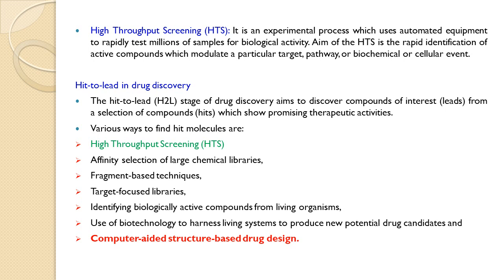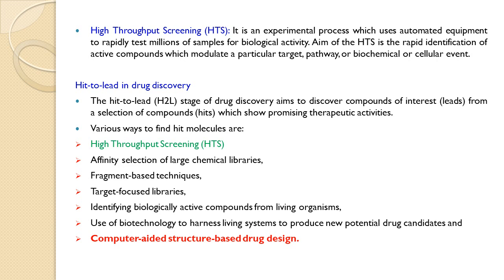Aim of this process is the rapid identification of active compounds which modulate a particular target, pathway, or biochemical as well as cellular events. Once a promising drug target has been identified, researchers aim to identify molecules that can interact with the target to produce desired biological effects.